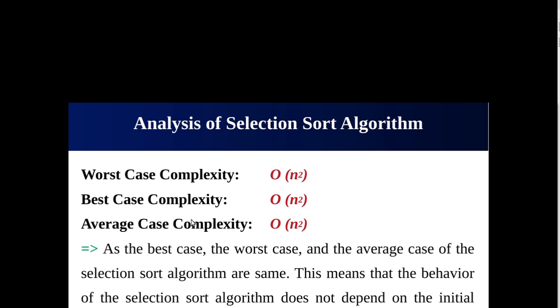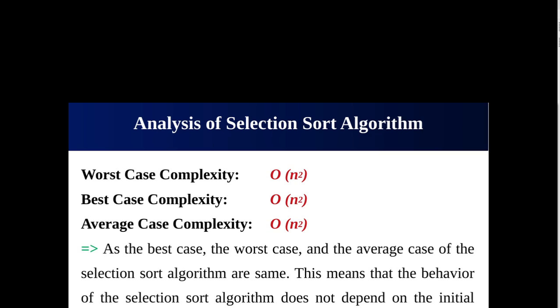You can find the running time of selection sort algorithm by other methods as well, but they are complicated. Another simple method is just looking at the number of loops. As there are 2 loops inside the selection sort algorithm, it means n multiplied by n, which will give you n square.